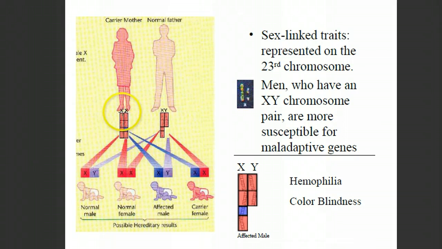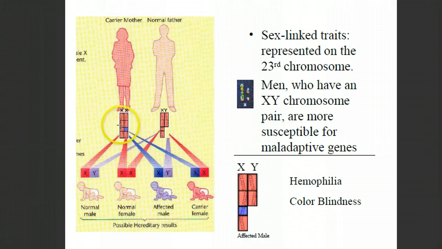The first child in this theoretical example of 4 kids is a normal male: he gets the normal X chromosome from mom and the Y chromosome from dad. XY, we have a normal male.